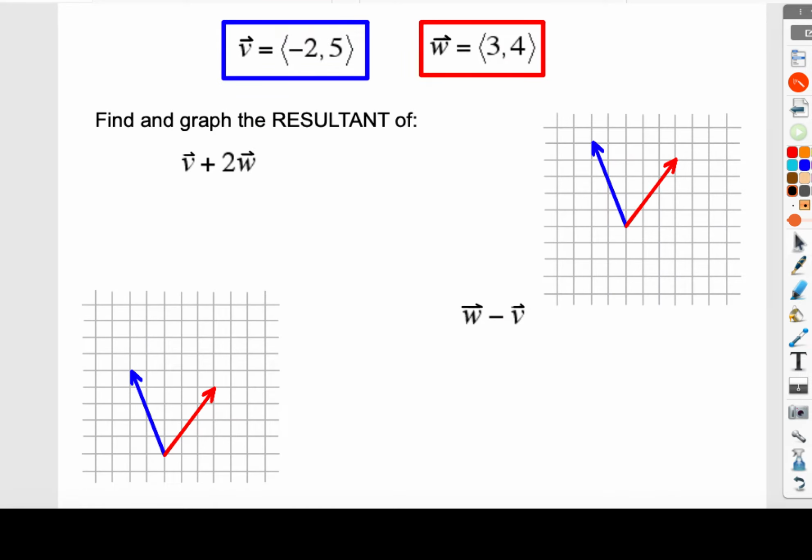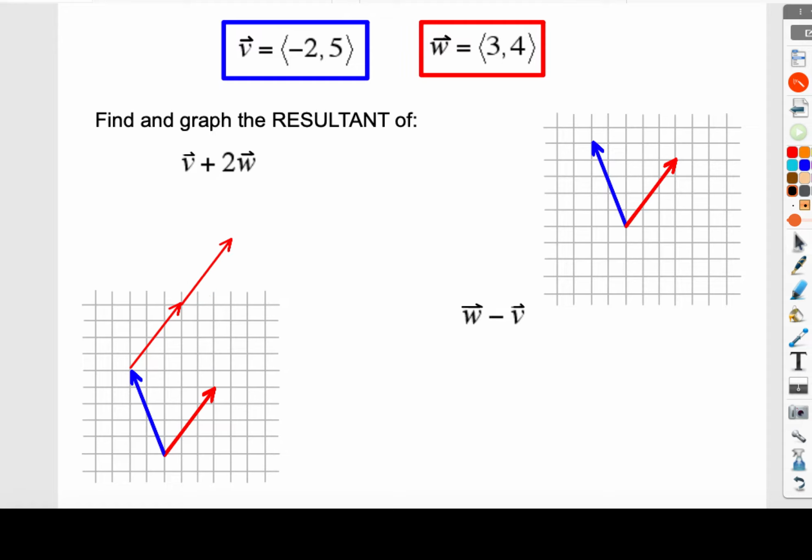If I want to find v plus 2w, again, v was the blue vector, I'm going to walk that blue line. So I'm going to go down here and walk right along that blue line, but then I want to walk 2 w's. So from the end of vector v, I'm going to place vector w, and then I'm going to place vector w again.